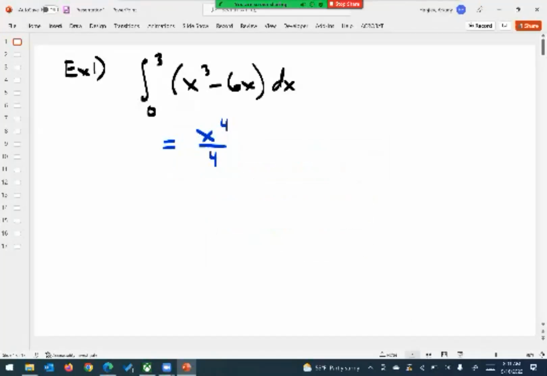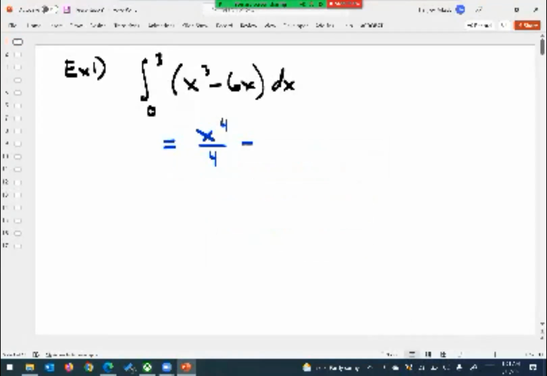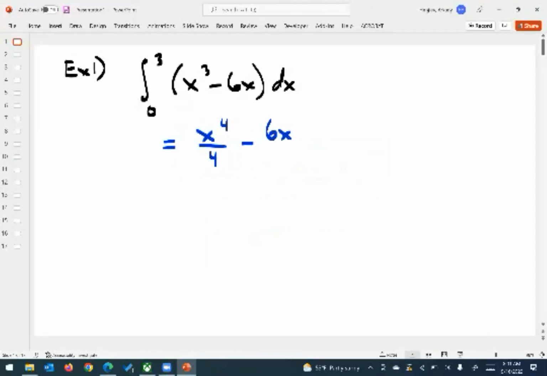We're good there? So Nicholas, all yours here, adding 1 to the exponent, divide by that number. Perfect, and then divide by 2.